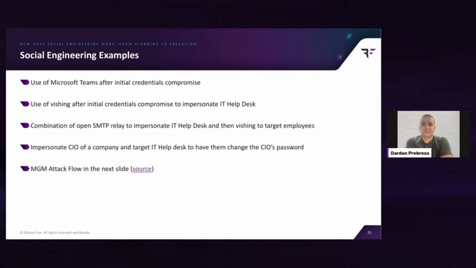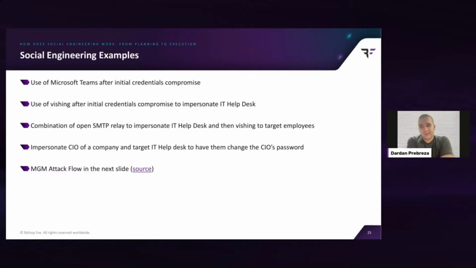Once we called them, we needed their MFA code to move further into the compromise. By spoofing the IT help desk phone number, we called the compromised user to get the MFA code and then move internally.